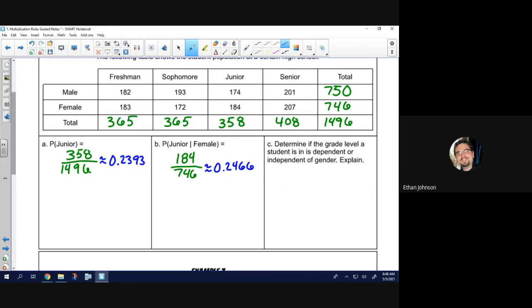So because those are not the same, it is dependent. And we know this because the probability of junior does not equal probability of junior given female.